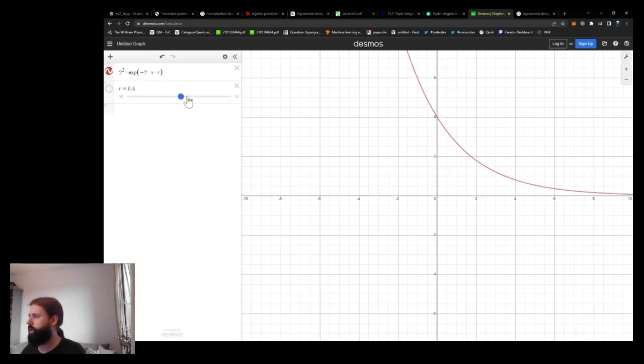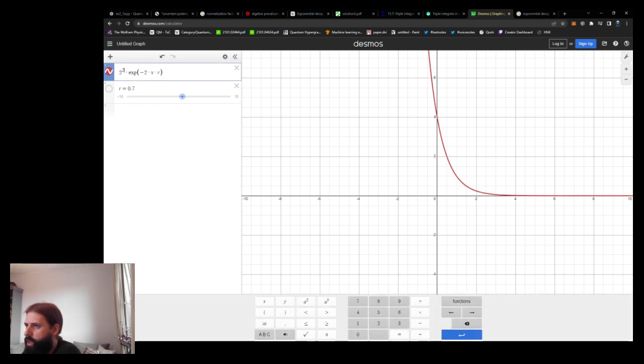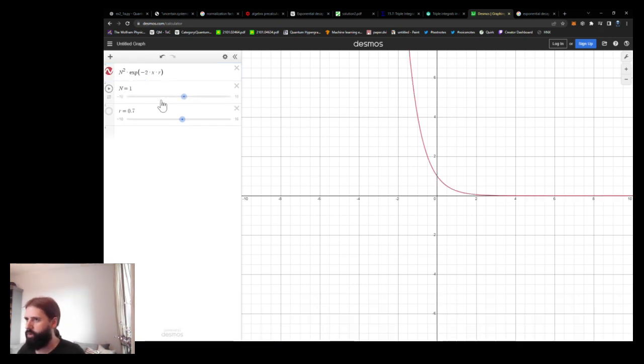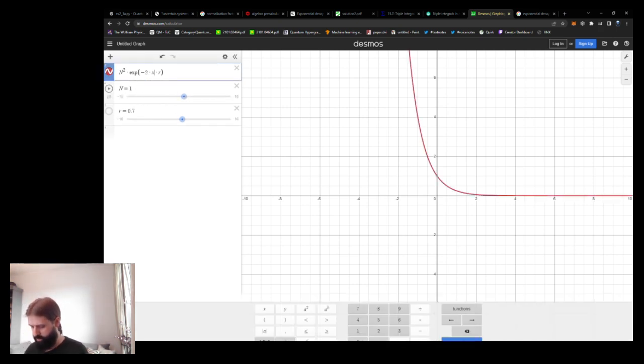Oh, I can do this. Aha. Hey, nice. Oh, that's nice. So this is alpha, and this is n squared basically. Oh, I didn't know you can do that. That's pretty cool. N squared.